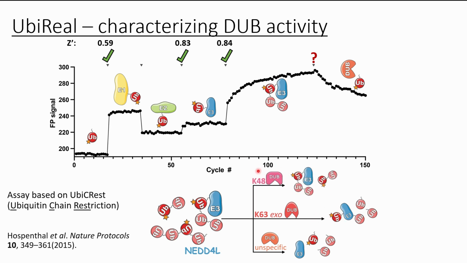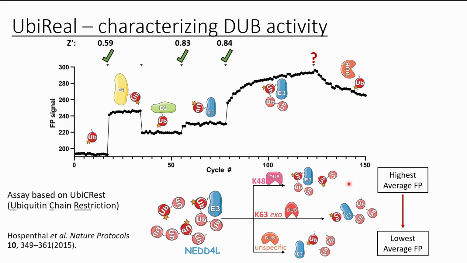And if, on the other hand, we used a K48 specific deubiquitinating enzyme, you would expect to see about no change in the FP, only in the case of using NEDD4L generated ubiquitin species. And again, this is because NEDD4L is only going to generate K63 specific species, meaning it can only be cleaved by a K63 or an unspecific DUB, and a K48 DUB should not be able to cleave anything generated by NEDD4L.